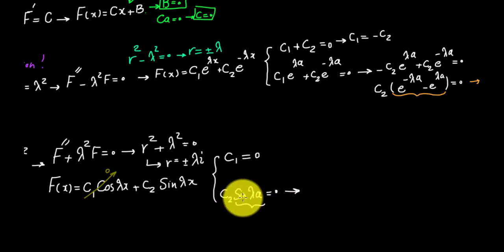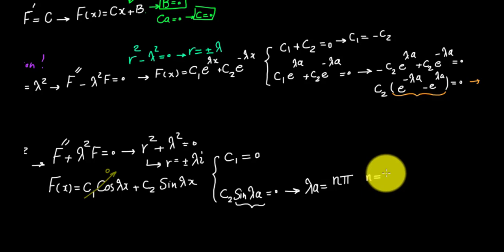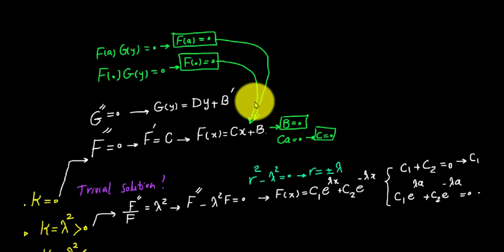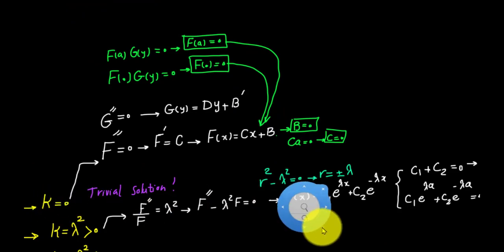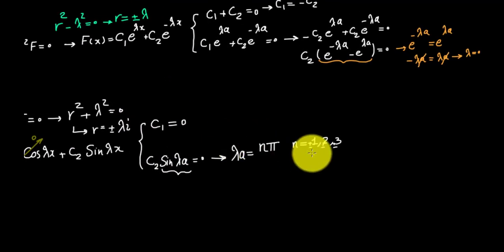And the only way that the sine of an angle in radians becomes 0 is that that angle becomes an integer product of pi, meaning n times pi, in which n is 1, 2, 3, positive and negative. Of course, 0 is another candidate, but we have already analyzed lambda or k equal to 0 in the first scenario, so I did not include 0 for n.